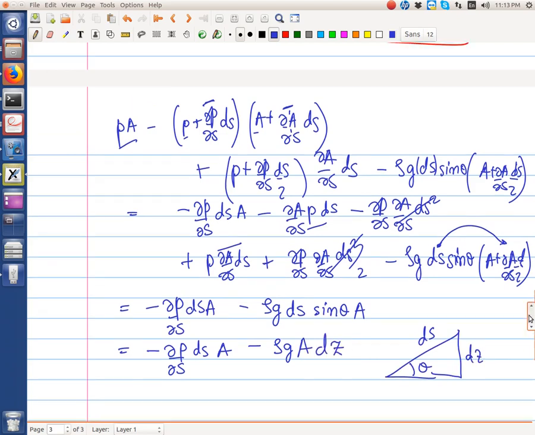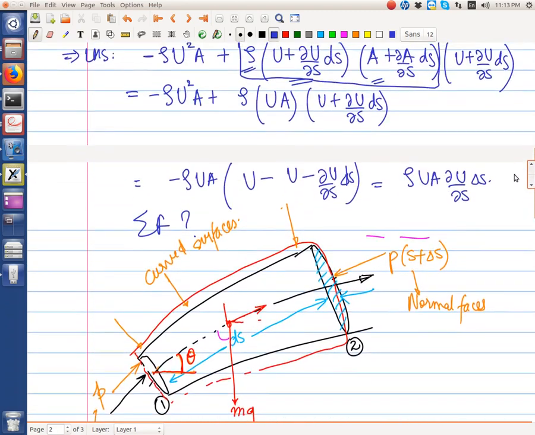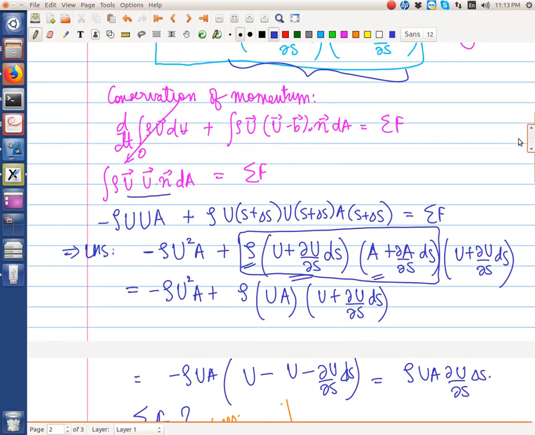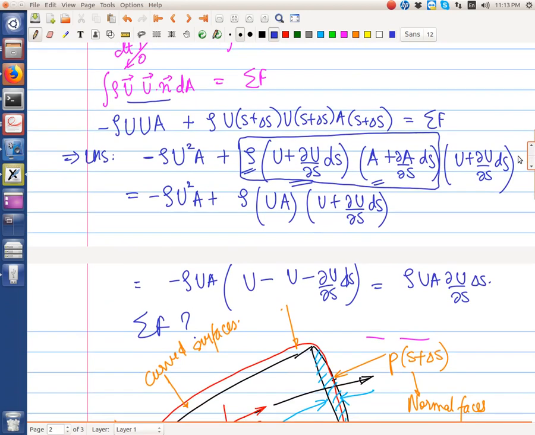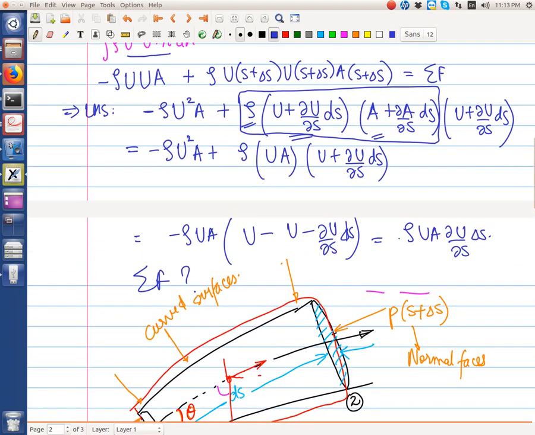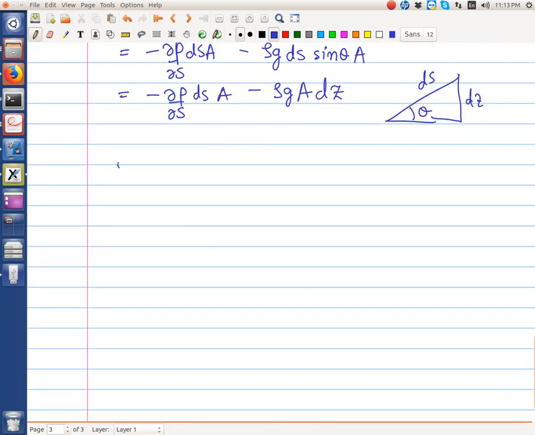Okay, so on the left hand side what did we have? We had this rho U A del U del S ds. This is equal to minus del P del S ds A minus rho g A dz.